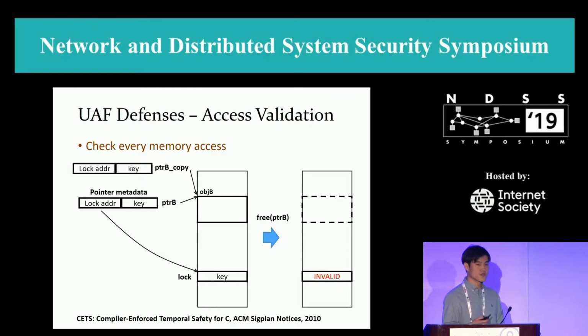If those two values do not match, it means that a use after free has been detected. In this way, they can detect use after free errors, but the disadvantage is that they need to perform these checks on every memory access, so it incurs a significant memory overhead.